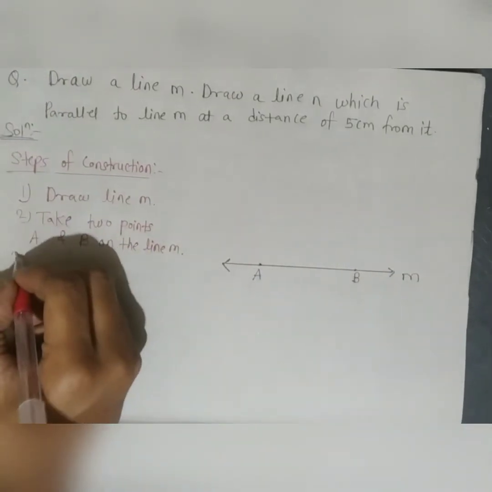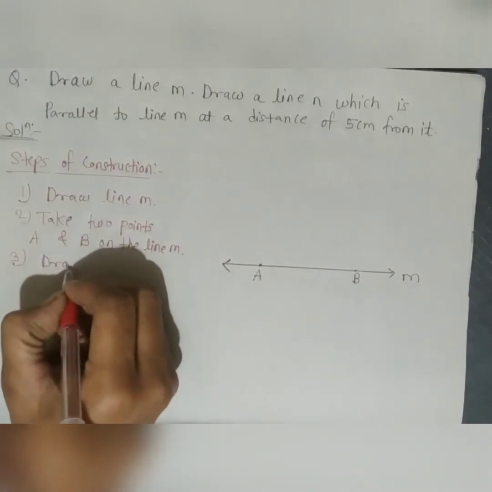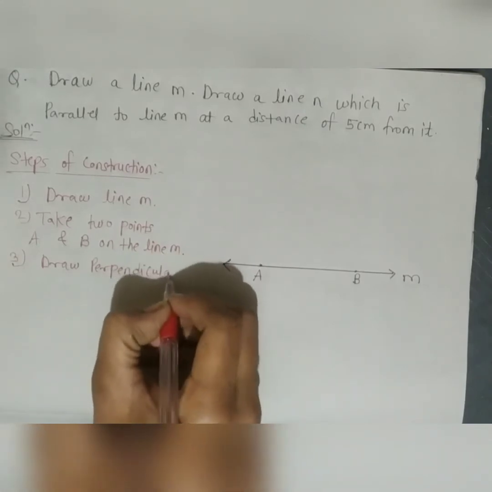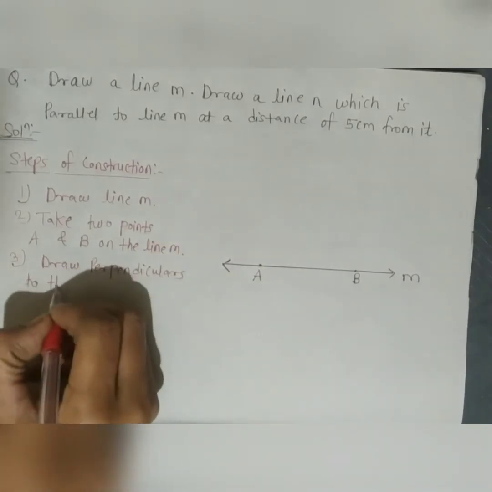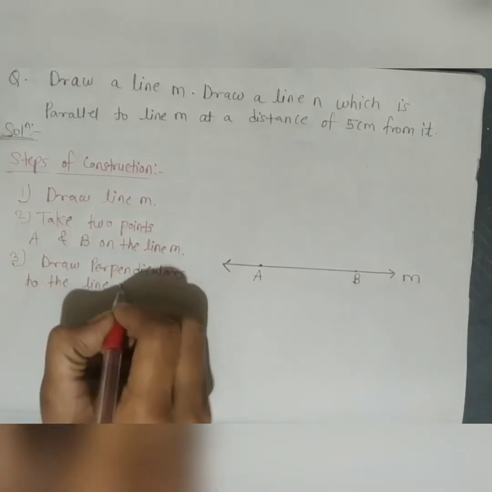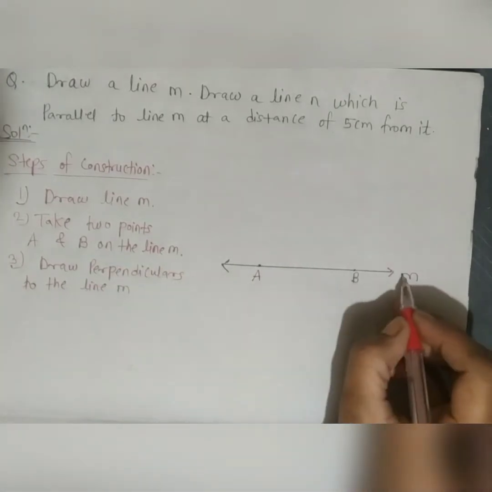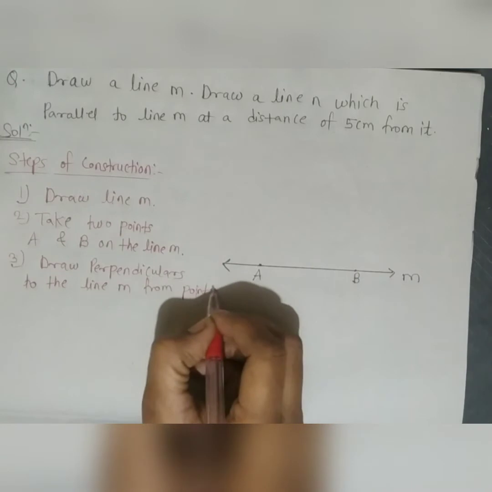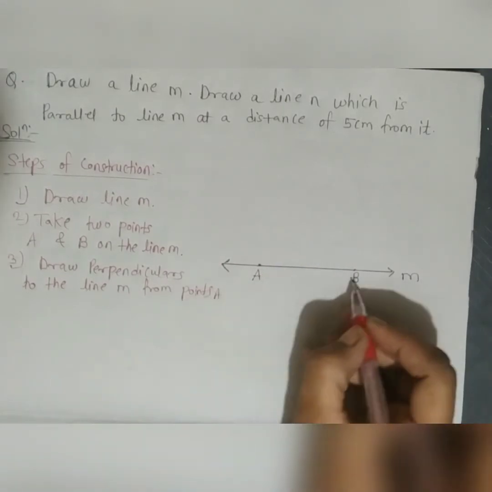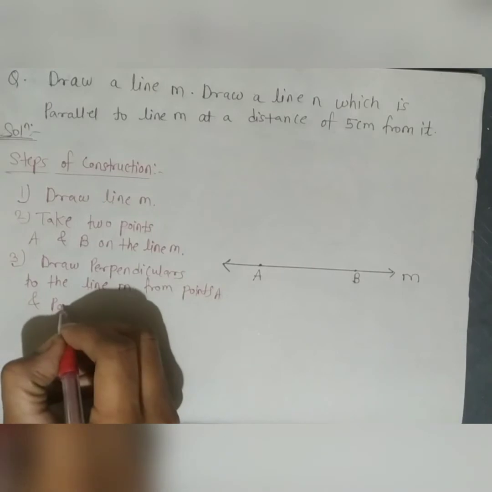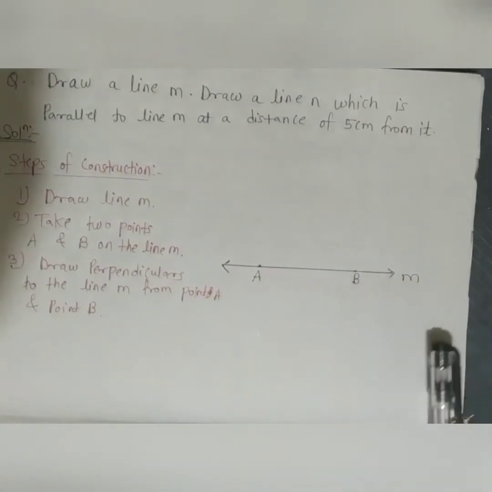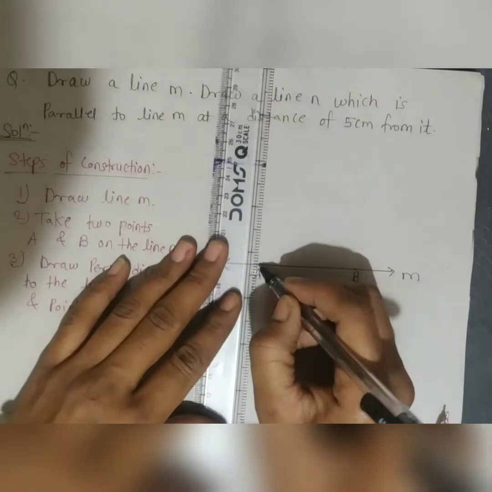Then the third step is draw perpendiculars to the line M, draw perpendicular lines to the line M from point A and point B. This is our third step.